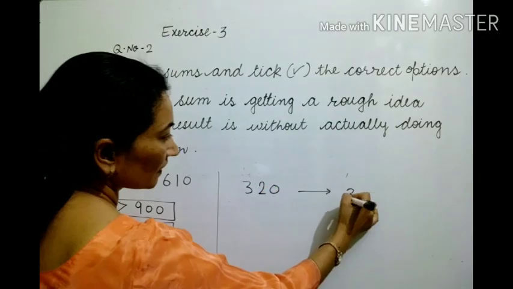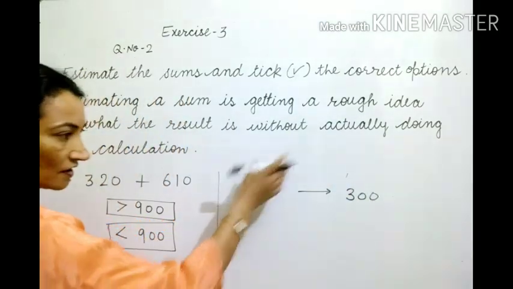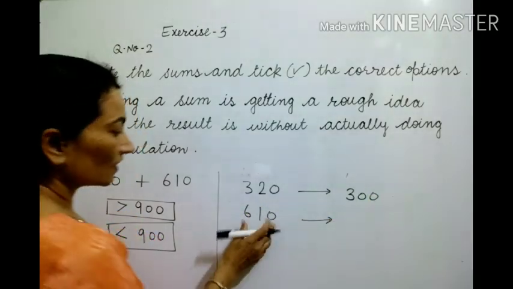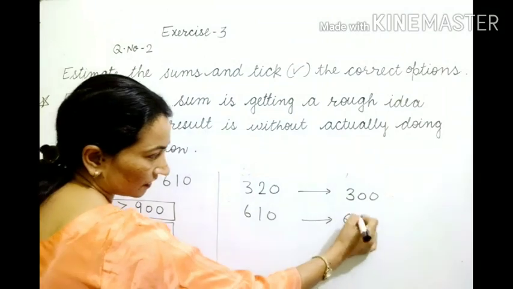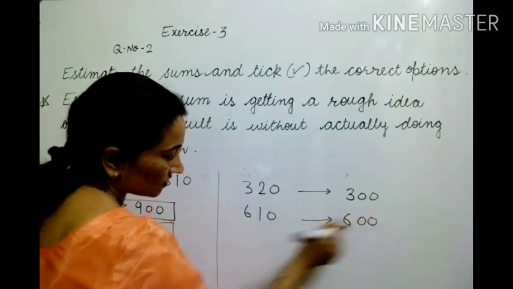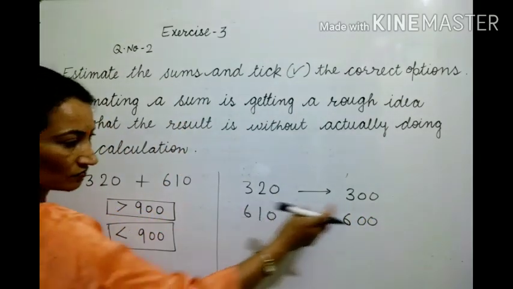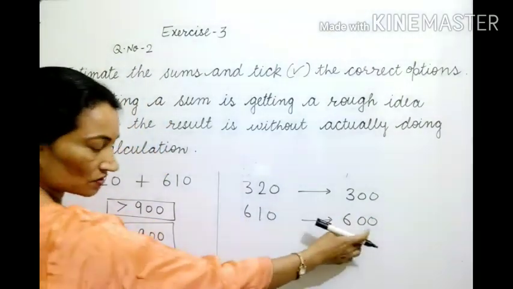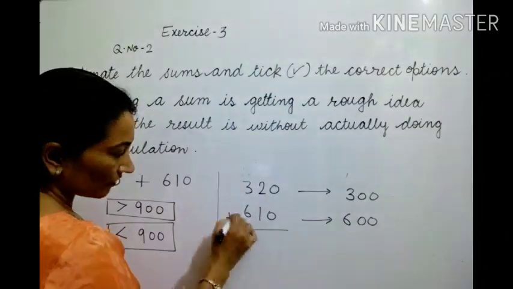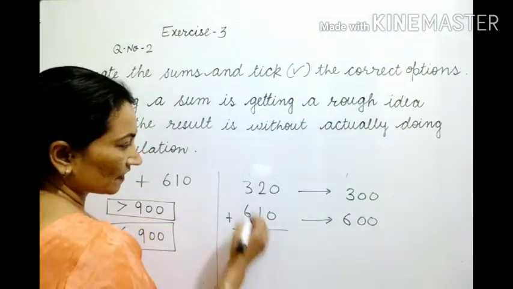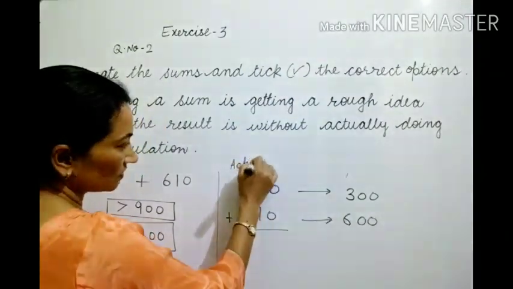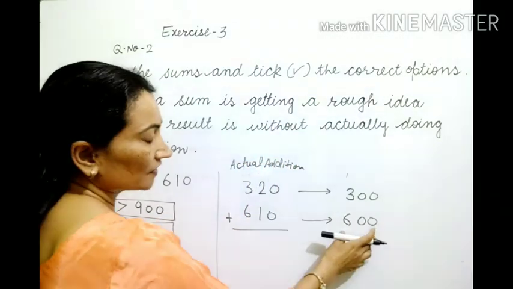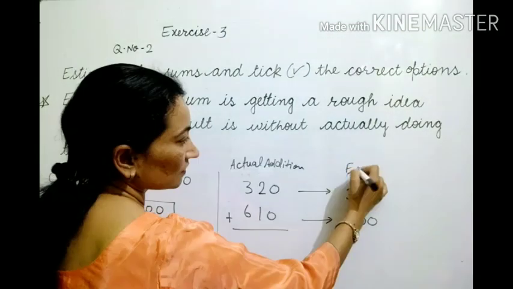The guess idea of 320 is the nearest value, 300. The guess idea of 610 is 600; we see the nearest 100, and it will be nearest to 600. Now the actual addition and the estimated addition.